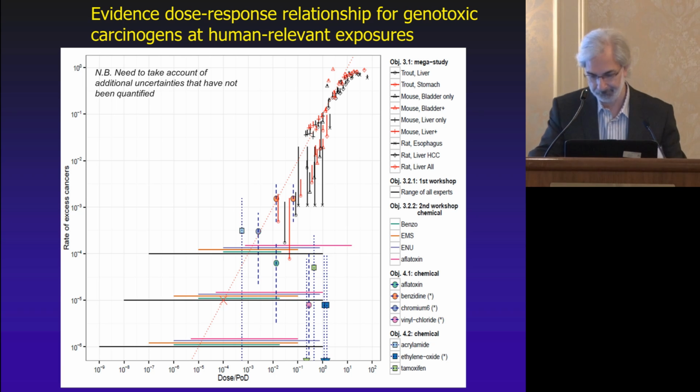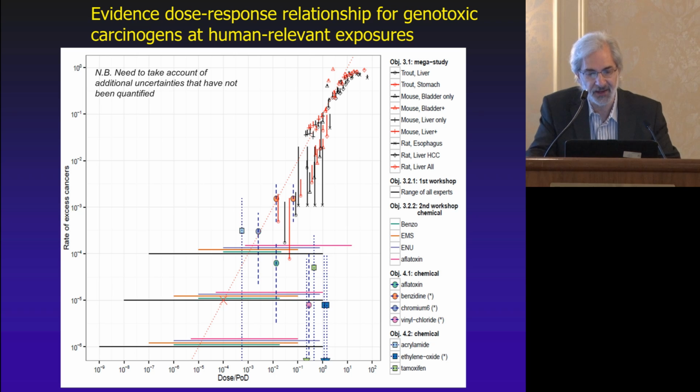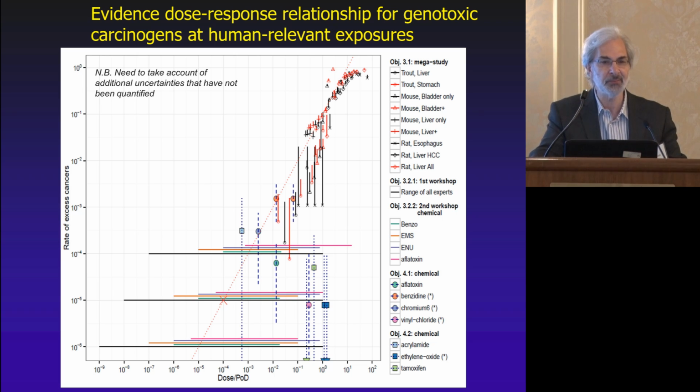It's likely. And this is true, as Joe Rodrigues pointed out, even for non-cancer endpoints: if you go above the reference dose, then if you say that a reduction of exposure of 50% reduces risk by 50%, that's an implicit assumption of linearity.